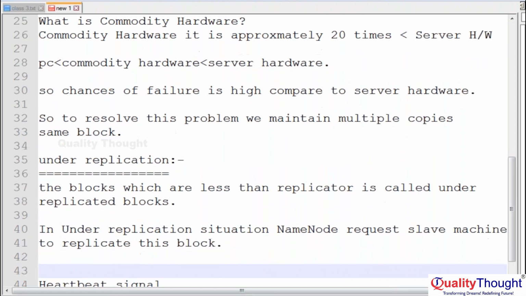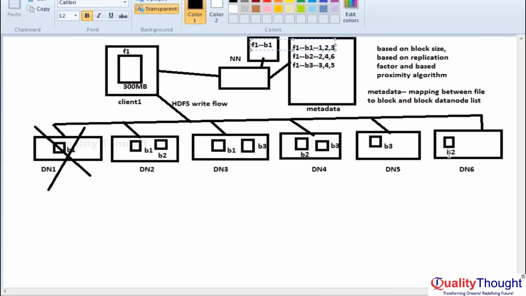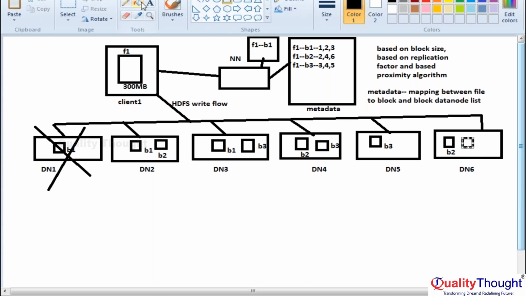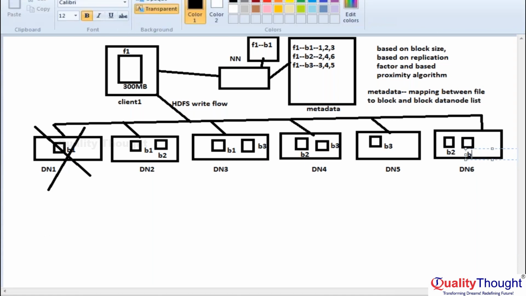Assume data node 6 accepted to replicate block 1. Whichever accepts first, that node replicates the block. So block 1 is replicated in data node 6.